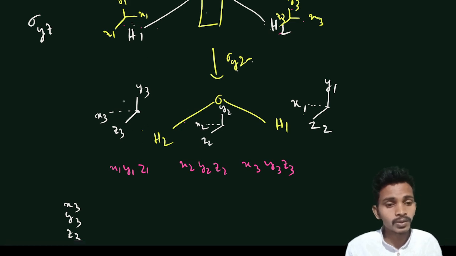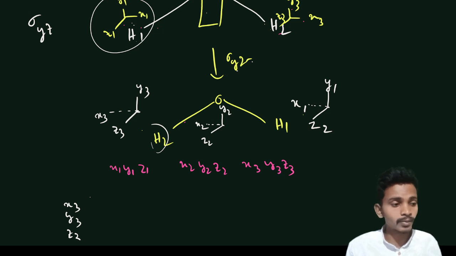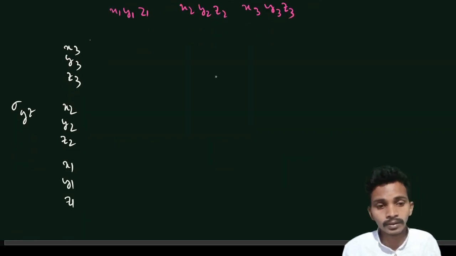That's why here H2 x3 came in this direction; previously this was there, now after the plane this H2 comes to here, and with that the axis also comes to here.